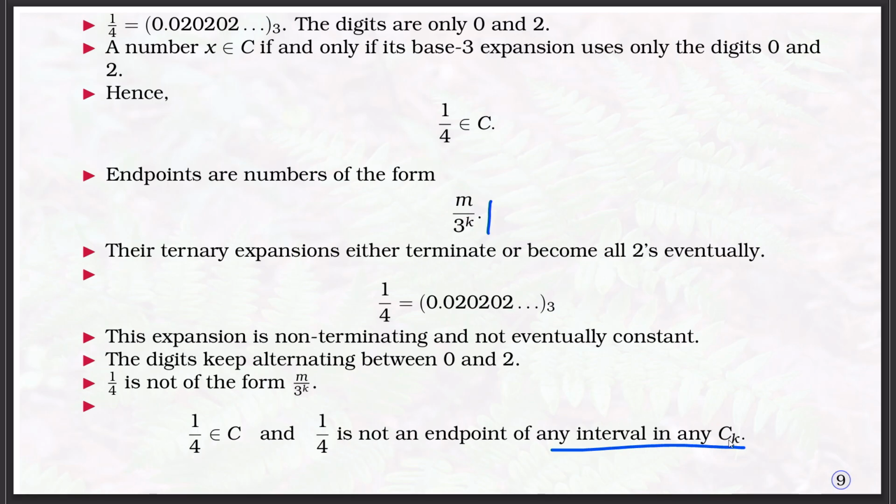Now, we already proved that the Cantor set has infinitely many points because it has all the endpoints, and now we obtained the number 1/4, which is also a member of the Cantor set. So, let us recollect the properties we came across for the Cantor set. First, we computed the length of the Cantor set and obtained the length as 0.